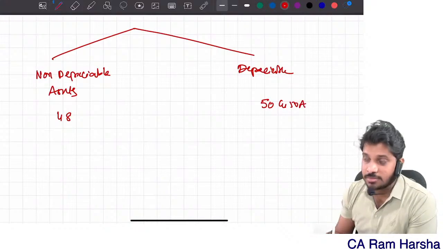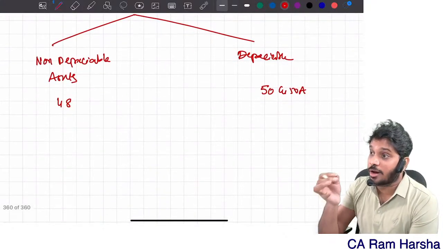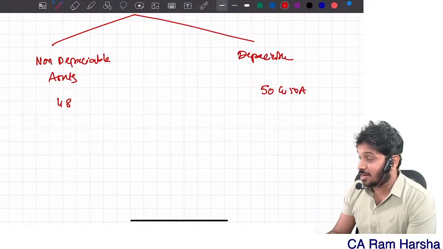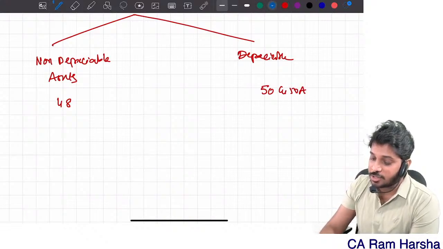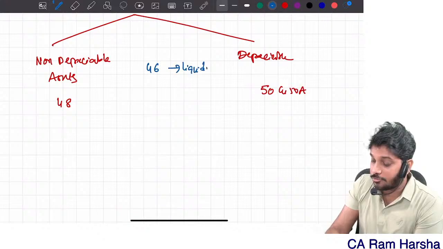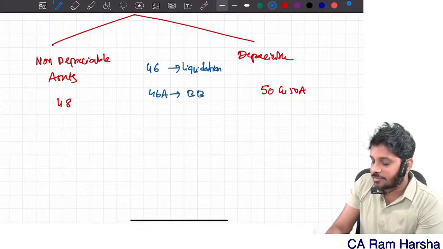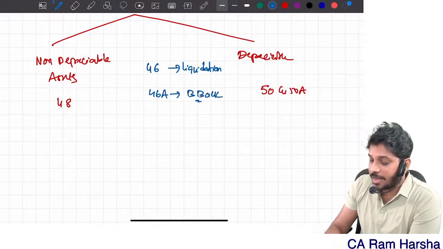Apart from this, there are a few more sections which talk about computation of capital gains. That is section 46, on account of liquidation. Then section 46A, computation of capital gains on buyback.